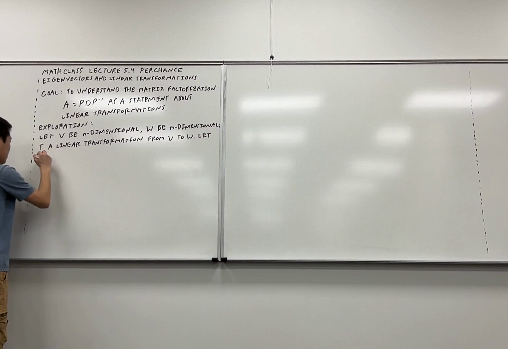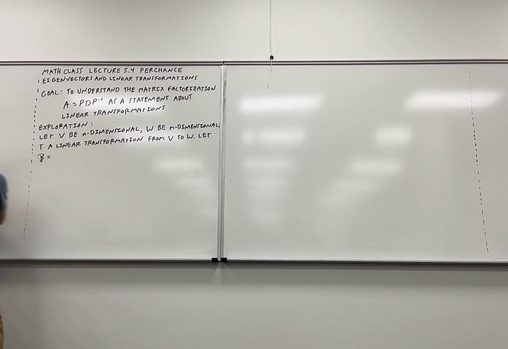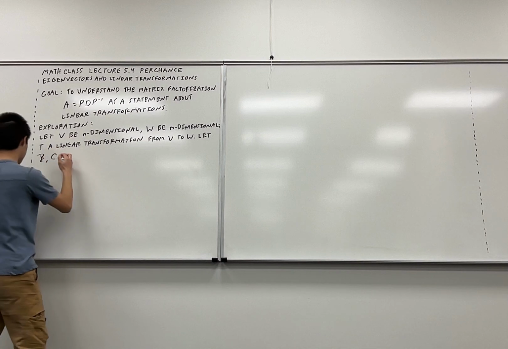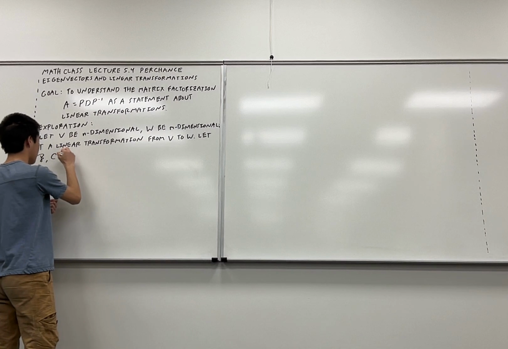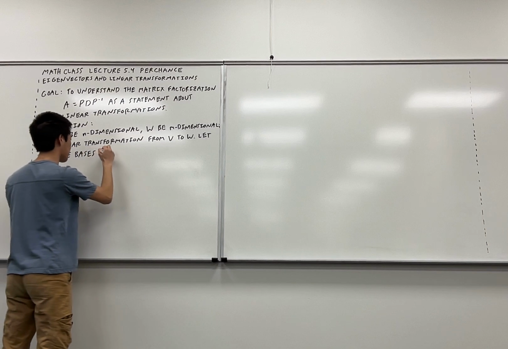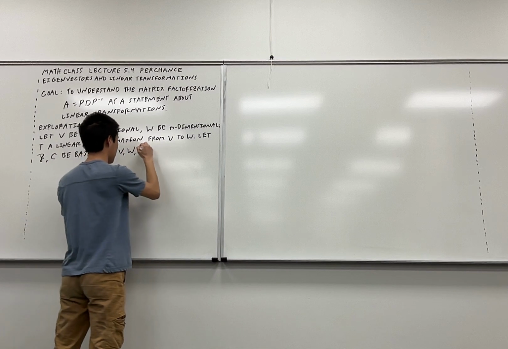So B will be the basis for V, and C, so we'll let B and C be bases for V and W, respectively.